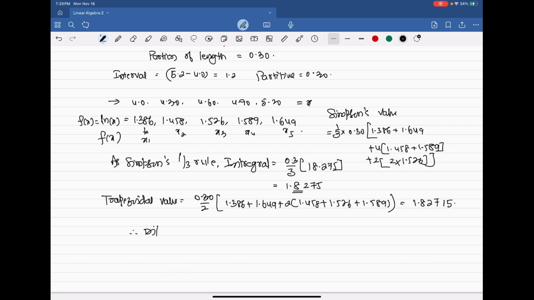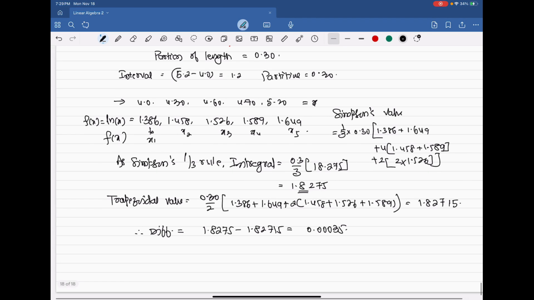Therefore, what is the difference? 1.8275 minus 1.82715, that is 0.00035. This is the difference. And what is the percentage of difference?